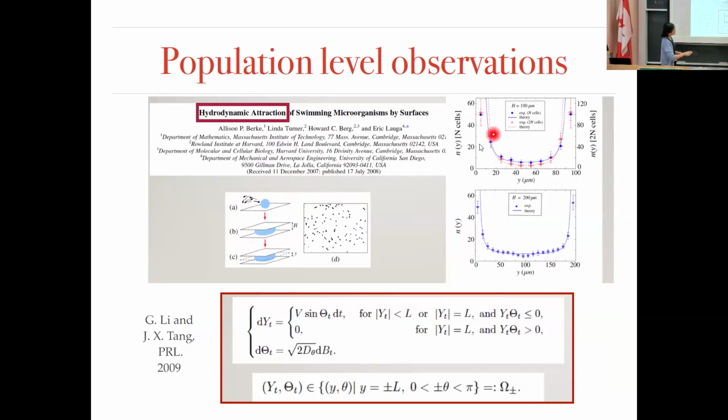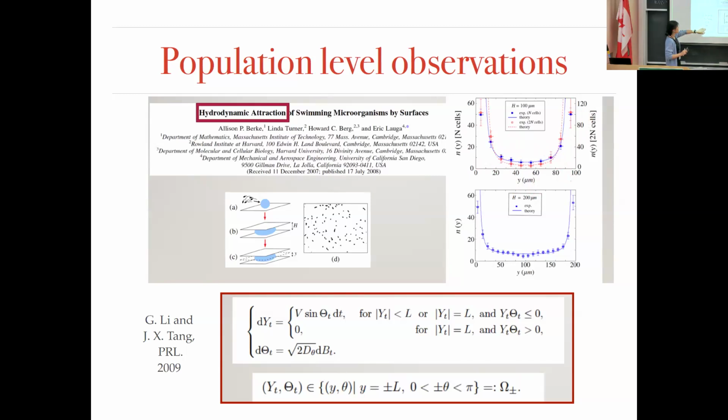This is their observation. The y-axis here is the magnitude. The two plates are very close to each other. You can see that the density is much higher near the wall, but in between it's much lower.